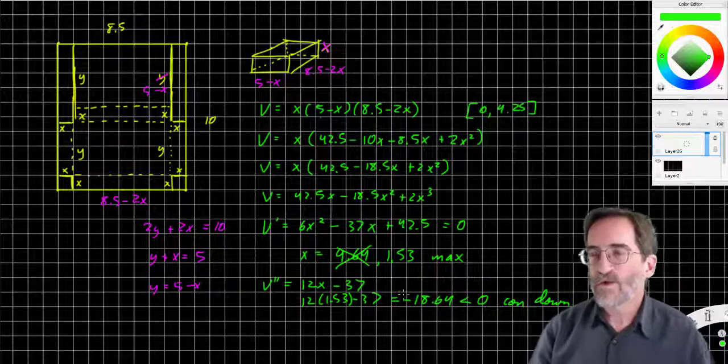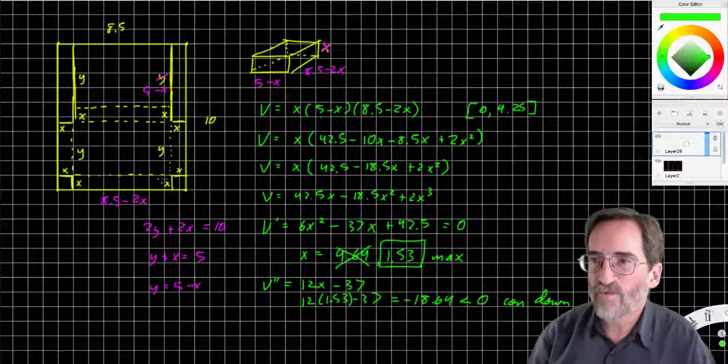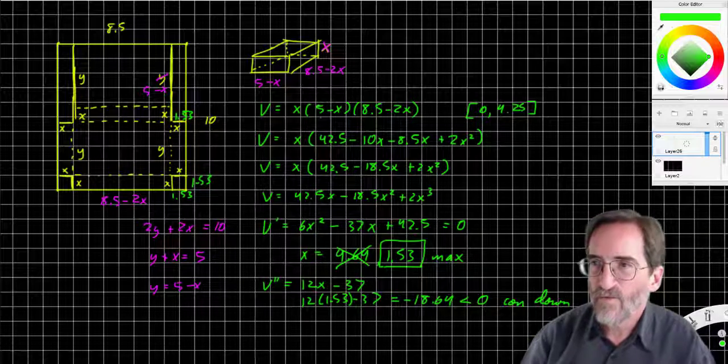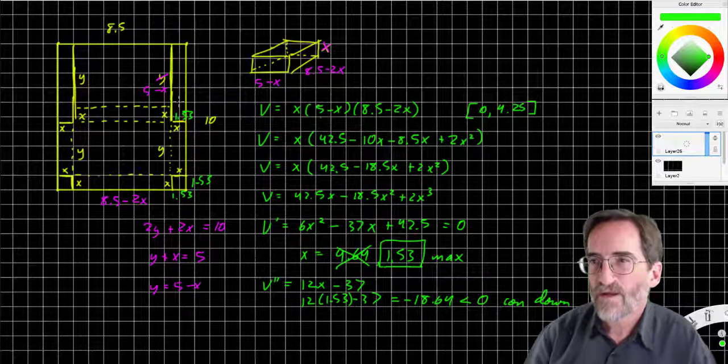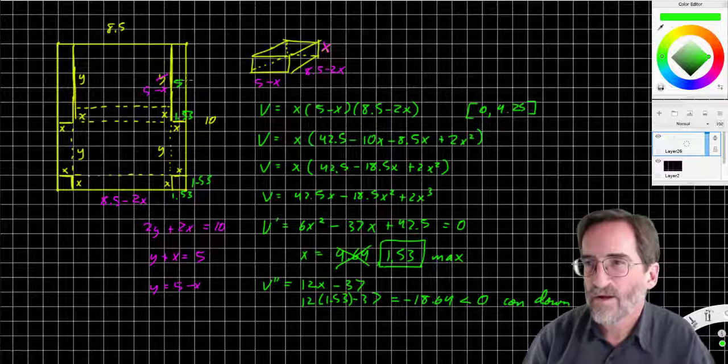Okay, so we can conclude then that if I cut a corner off at 1.53 inches by 1.53 inches, and the other dimensions are 5 minus x, so this is going to be 5 inches by 5 inches.